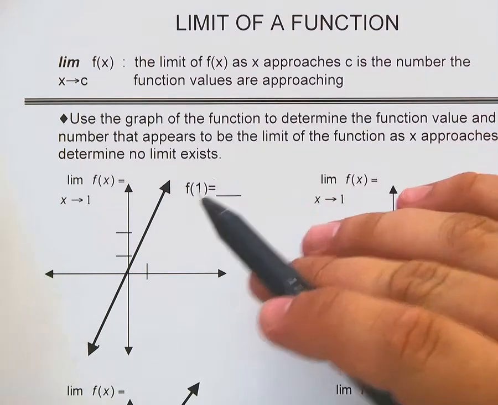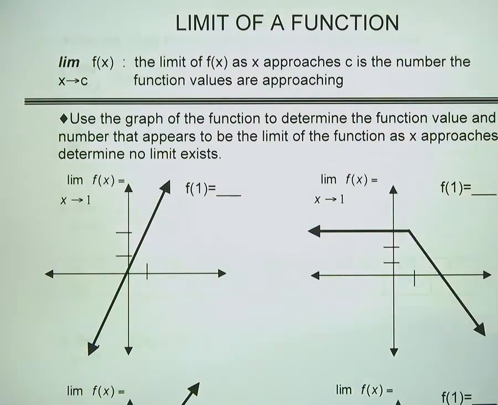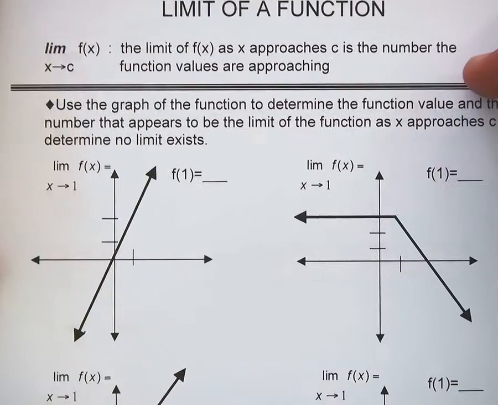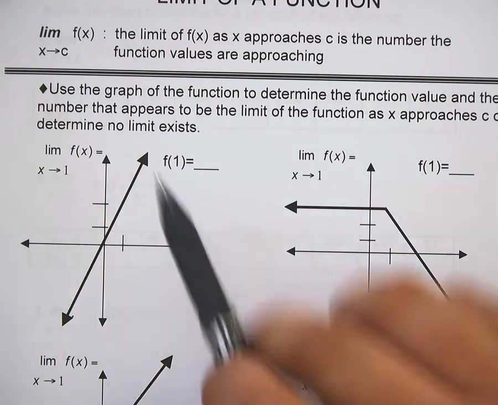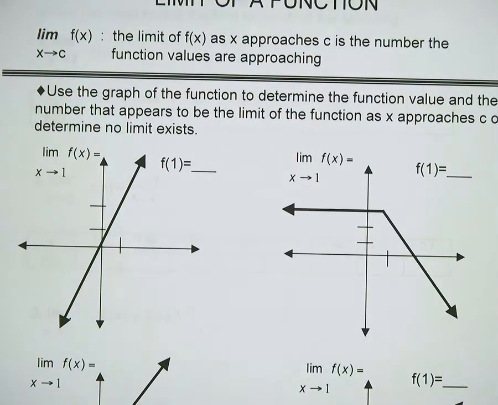As x approaches c, what does the function approach? Okay, so let's actually look here. It says, use the graph of the function to determine the function value and the number that appears to be the limit. Appears to be the limit. Appears. As x approaches c, or determine no limit exists.